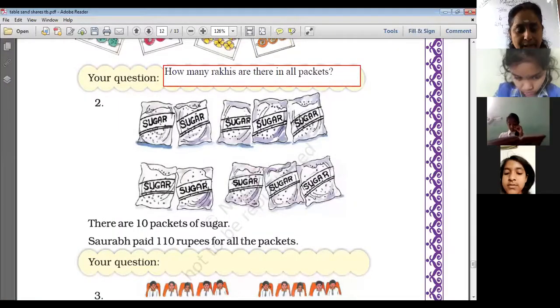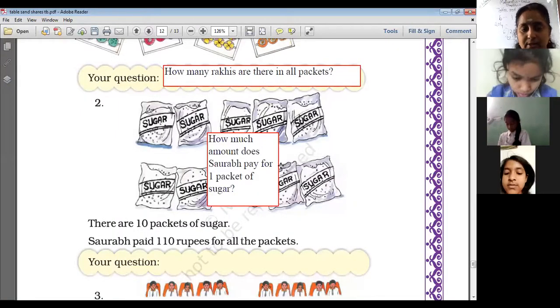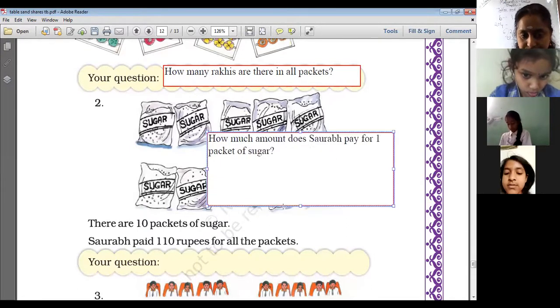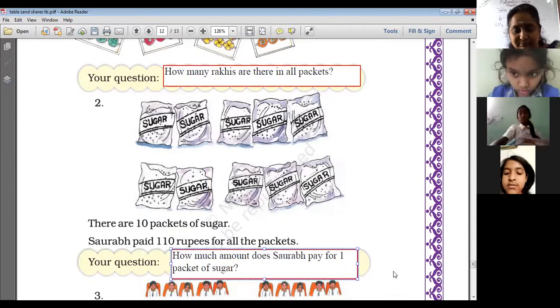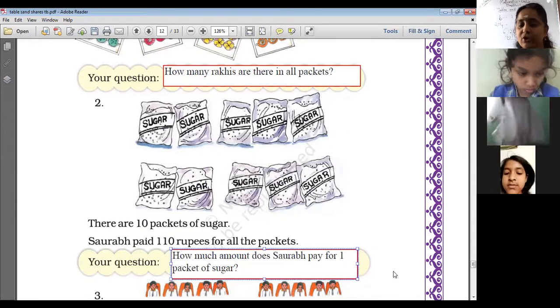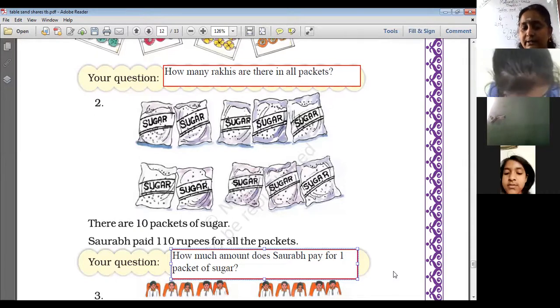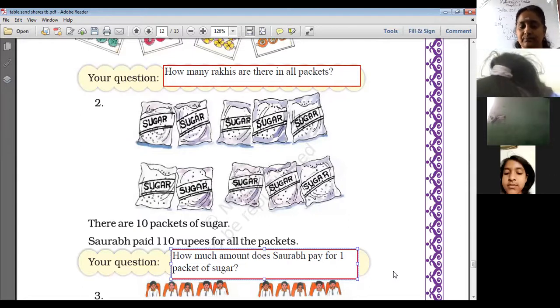See the question properly. There are 10 packets of sugar. How many rupees is one packet? Yes. How much amount does Surab pay for one packet of sugar?